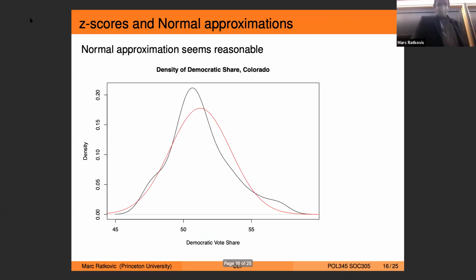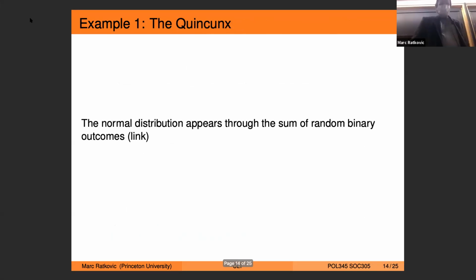All right, so the idea behind the quincunx, which showed up in that video, is that if we could think of some political, social, or physical process as being the result of a set of 0-1 decisions, then we expect the result of an aggregate of those decisions to follow a normal distribution. That distribution that we were approximating was a normal, you saw the bell curve on the bottom of the quincunx.